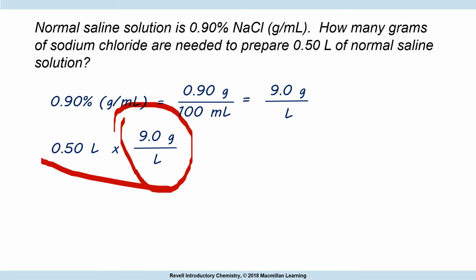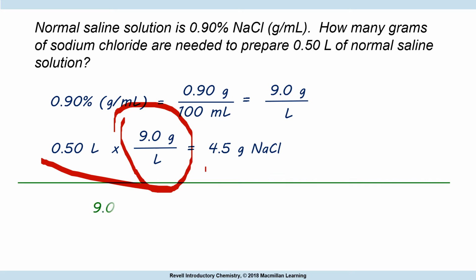So we'd do this algebra, and we would then get, we need 4.5 grams of sodium chloride to make up that half liter.